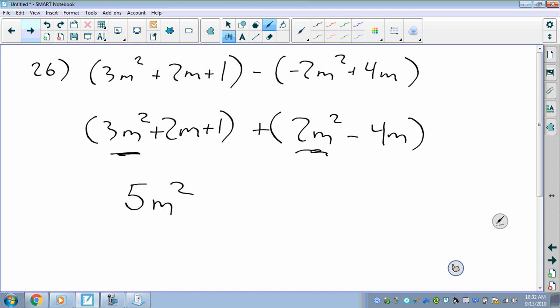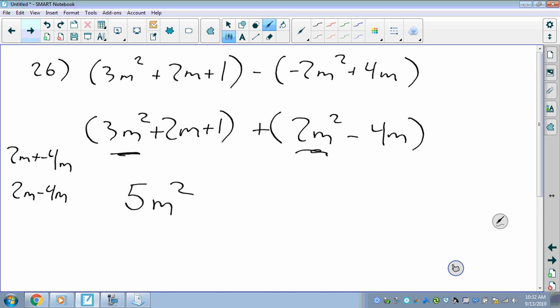2m. And what can I add to 2m? Negative 4m, right? So what's 2m plus a negative 4m? We said that plus a negative really means subtract. Very good. If I have 2m's, think about your number line.